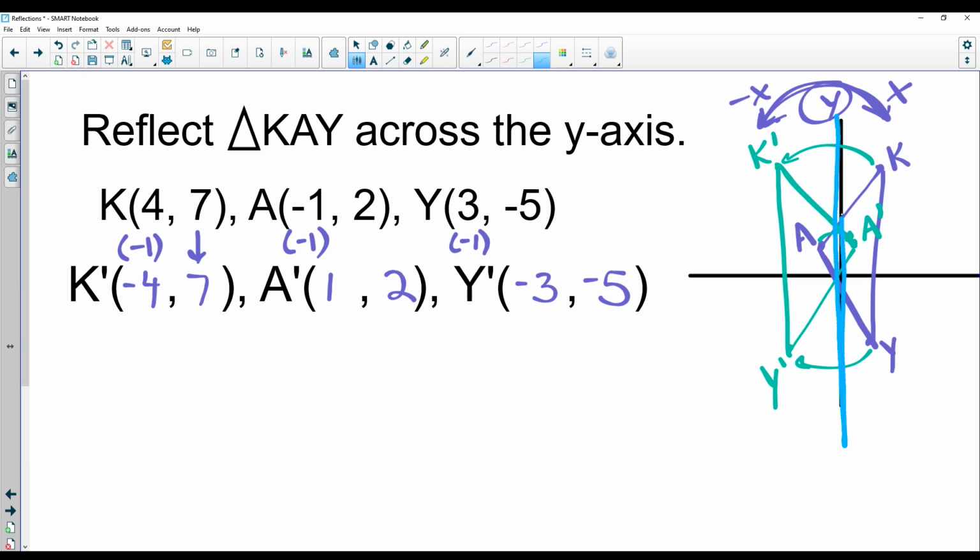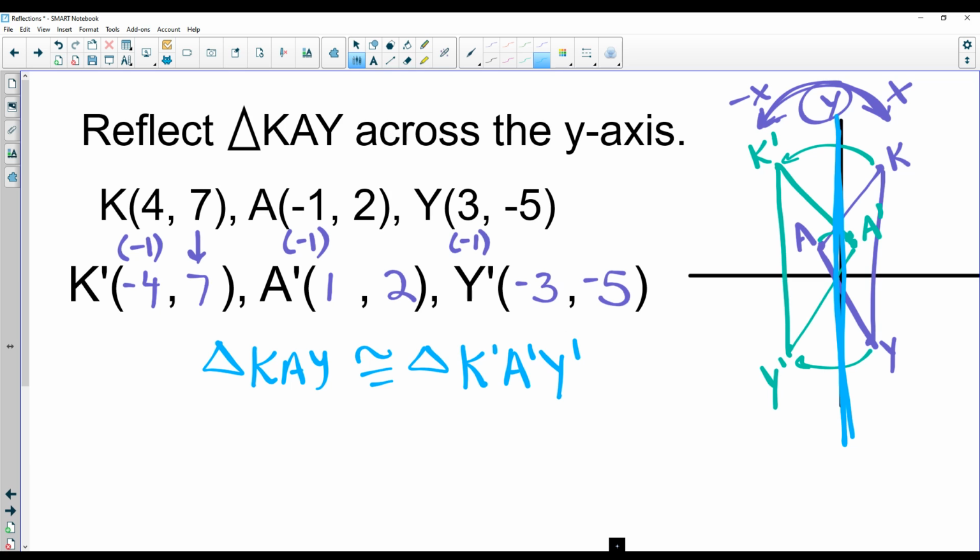So the y-axis should run down the center of your reflection, okay? Let's remember that when we are doing reflections and translations, those are rigid transformations, which means that your original shape, triangle KAY, is congruent to triangle K prime, A prime, and Y prime.